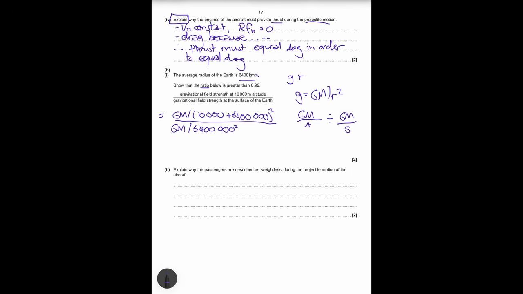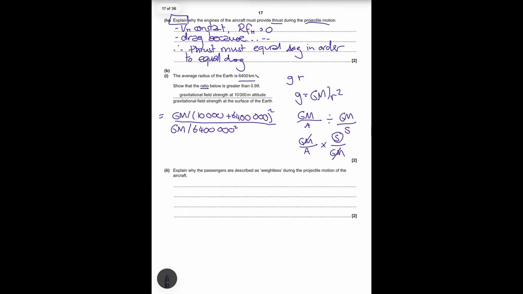I know that I can multiply by the inverse. So I'm going to say GM divided by altitude multiplied by surface divided by GM. Well, those GMs cancel out. So it's going to be the surface one divided by the 10,000 meters altitude one. So basically I'm going to end up with that squared divided by the adding together one squared.